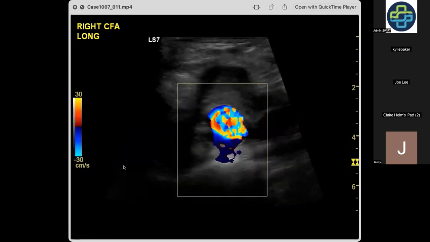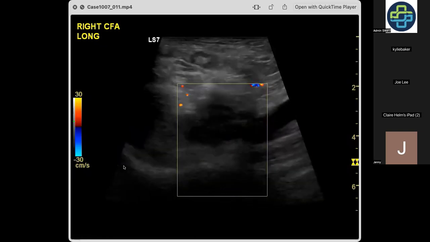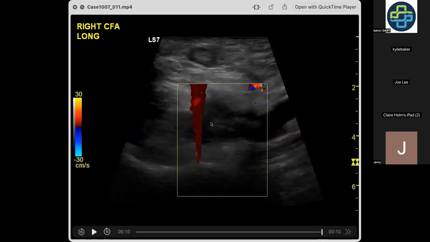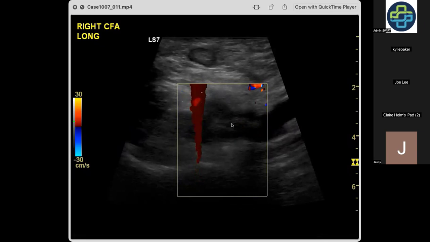My recollection is the treatment for that was they put another stent in that joined onto that stent and went down a bit further and joined onto where the vessel was back down to a normal caliber.